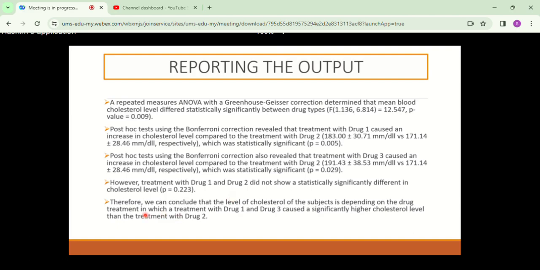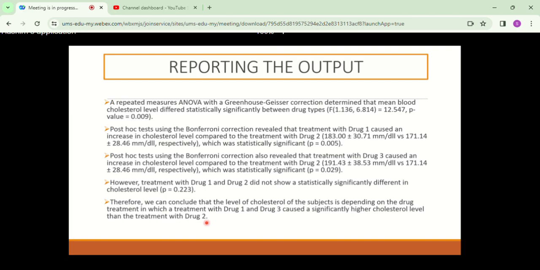So, therefore, we can conclude that the level of cholesterol of the subjects depends on the drug treatment, in which treatment with drug 1 and drug 3 can cause a significantly higher cholesterol level than the treatment with drug 2.